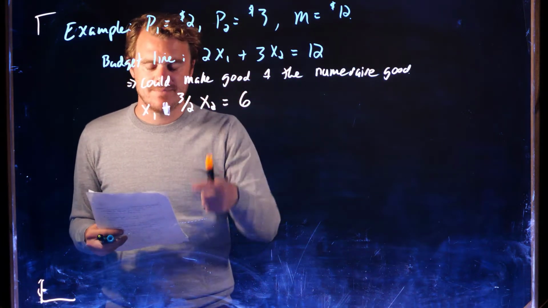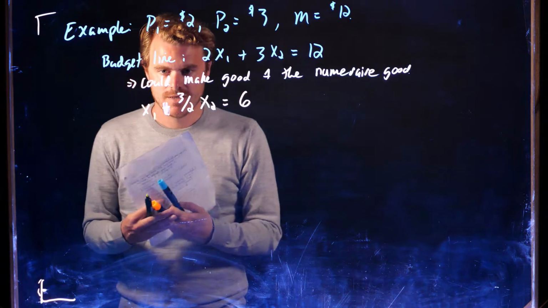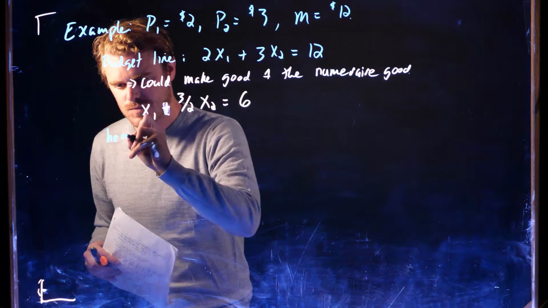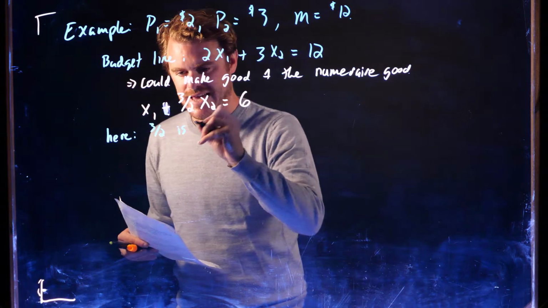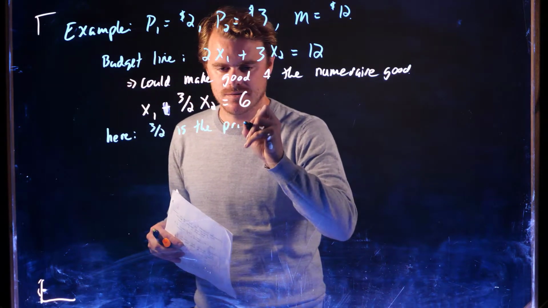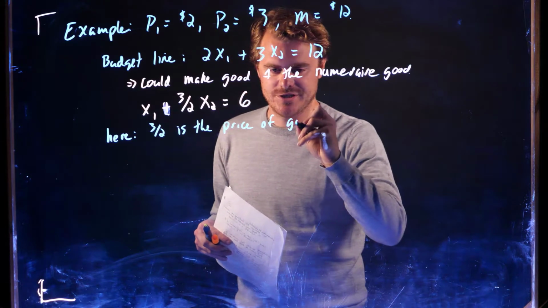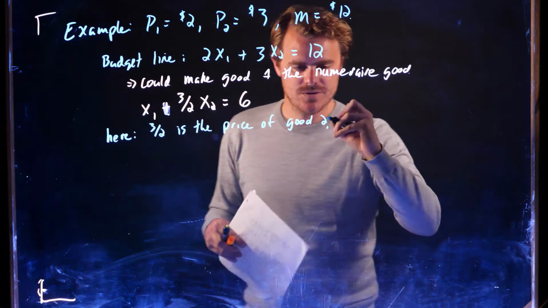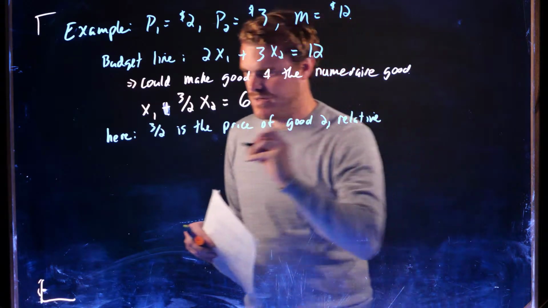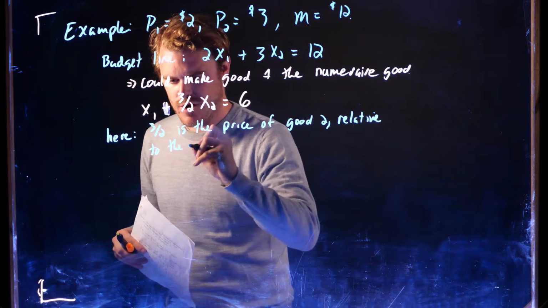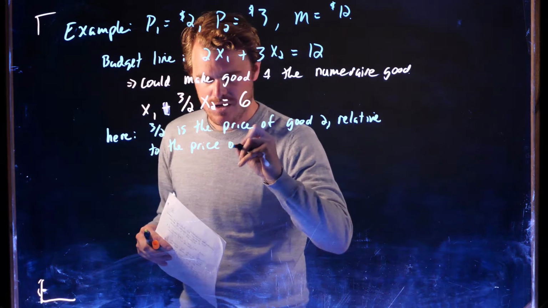We're just following the same steps as before. So here, 3 over 2 is the price of good 2 relative to the price of good 1.